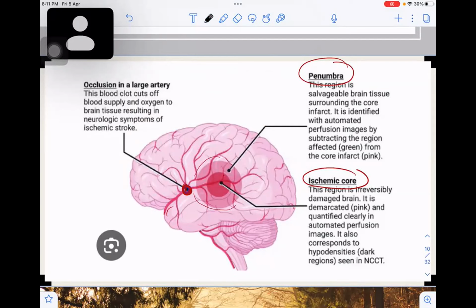So immediately this part of the brain dies. However, around this area there is another area called the penumbra, which is supplied by this vessel, and there are also some small collaterals supplying this penumbra area.